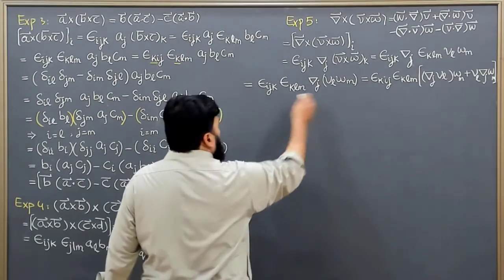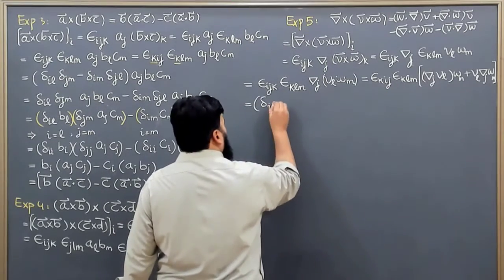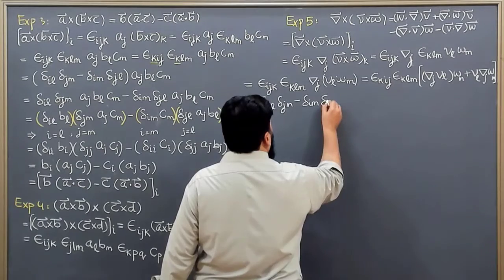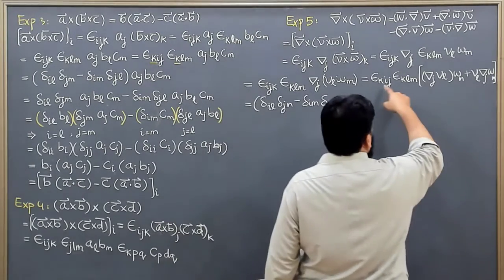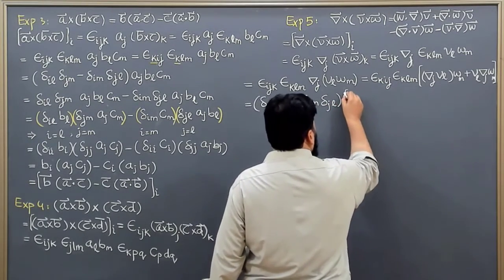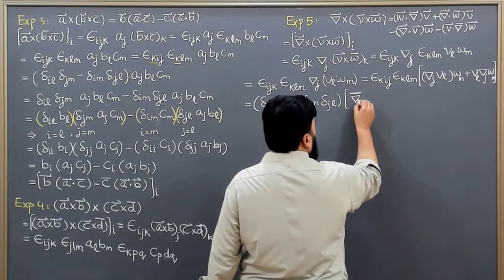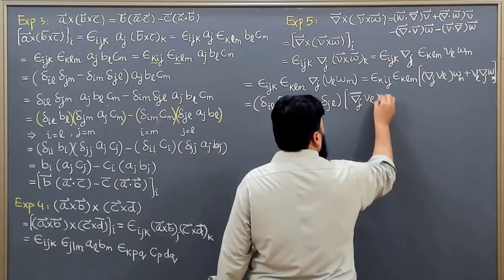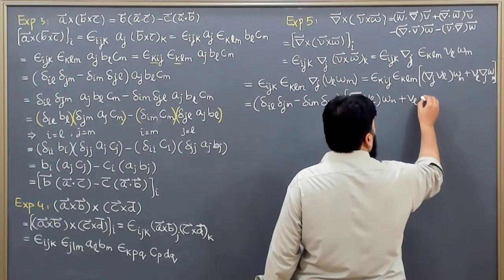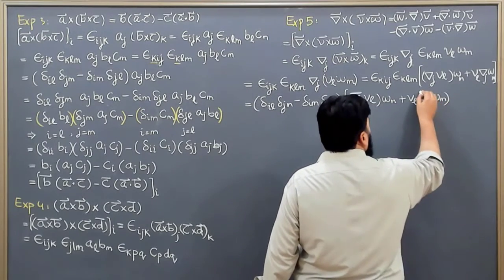And now I know that this thing is equal to delta IL delta JM minus delta IM delta JL. So this is the term which is here, del J and V L in the direction of W M plus V L and del J W M, and this is here.